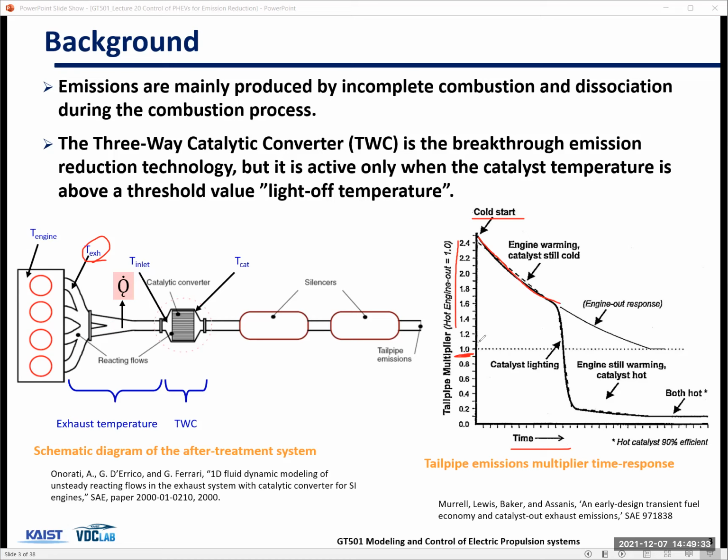So initially you have about 2.4 times more harmful emissions. Moreover, the converter is not activated, so all of the engine out emissions directly flow out to the environment, without any conversion.